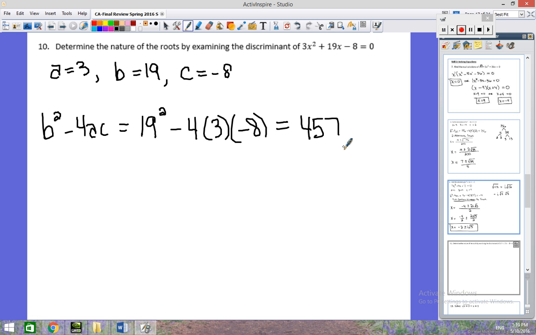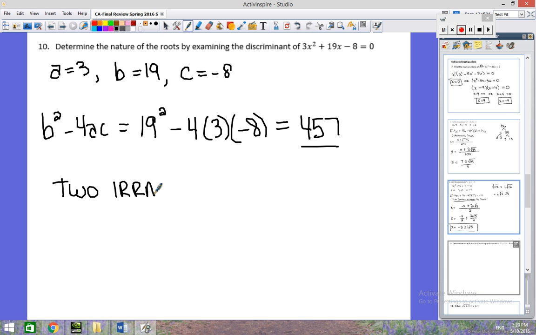So I'm expecting two solutions because this discriminant was not 0, and because it's positive, I'm expecting real numbers, not imaginary, and because this is not a perfect square, I'm expecting irrational numbers as solutions. So it's positive: two real solutions.